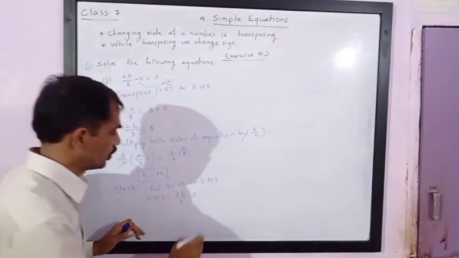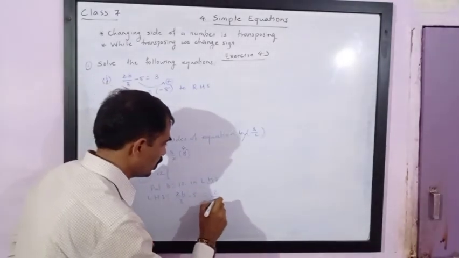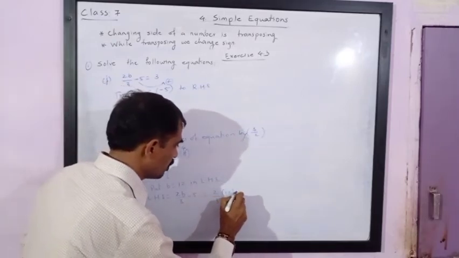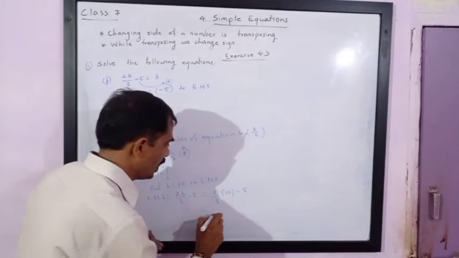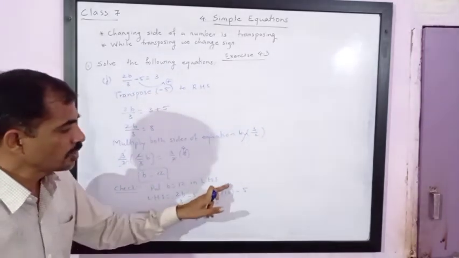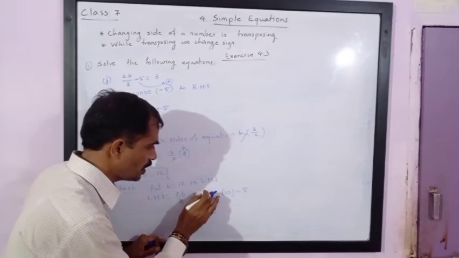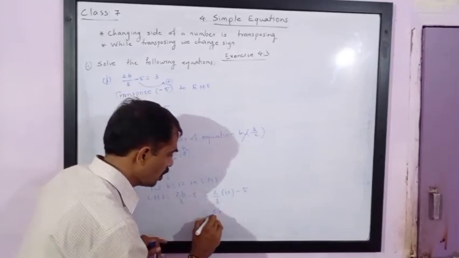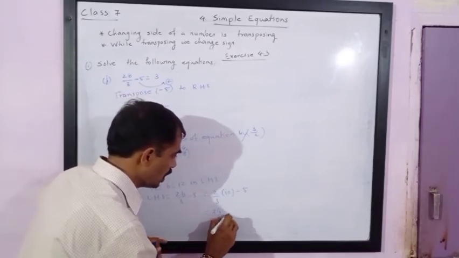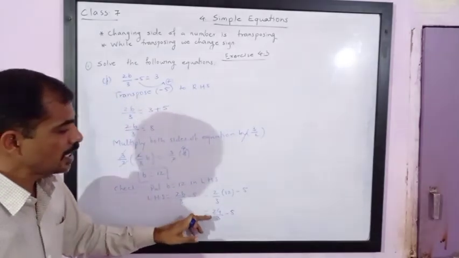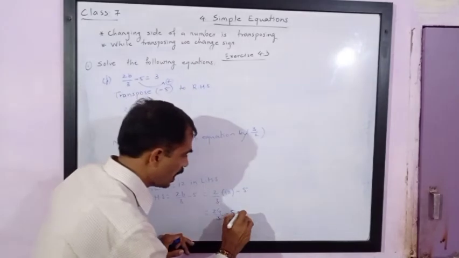This is equal to 2 upon 3 times the value we have got, 12, minus 5. Now please note, this is reducible. 3 4s are 12. So you will get 2 multiplied by 4, or you can do the multiplication first. 12 2s are 24. 24 upon 3 minus 5. So 3 8s are 24. So you will get 8 minus 5.